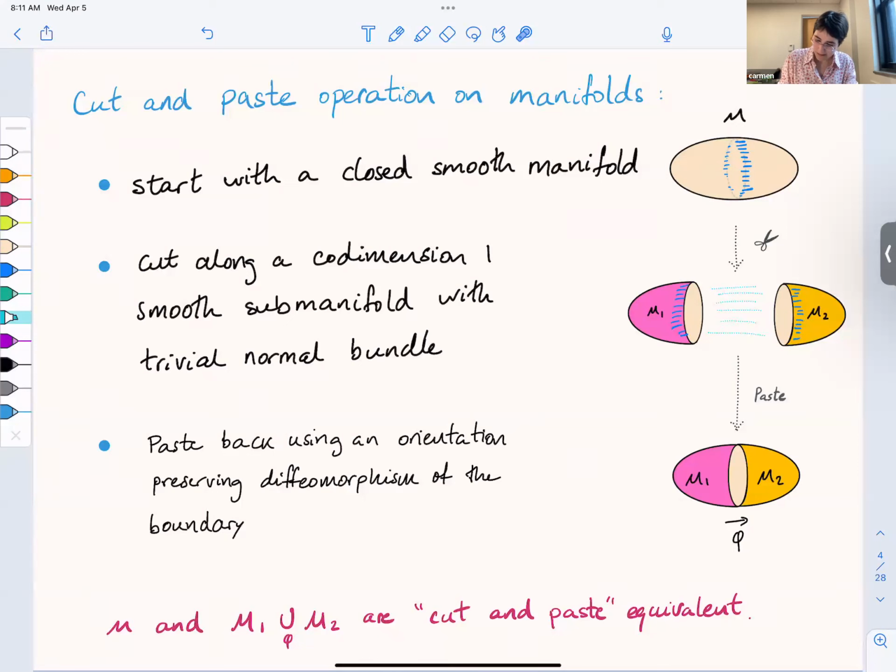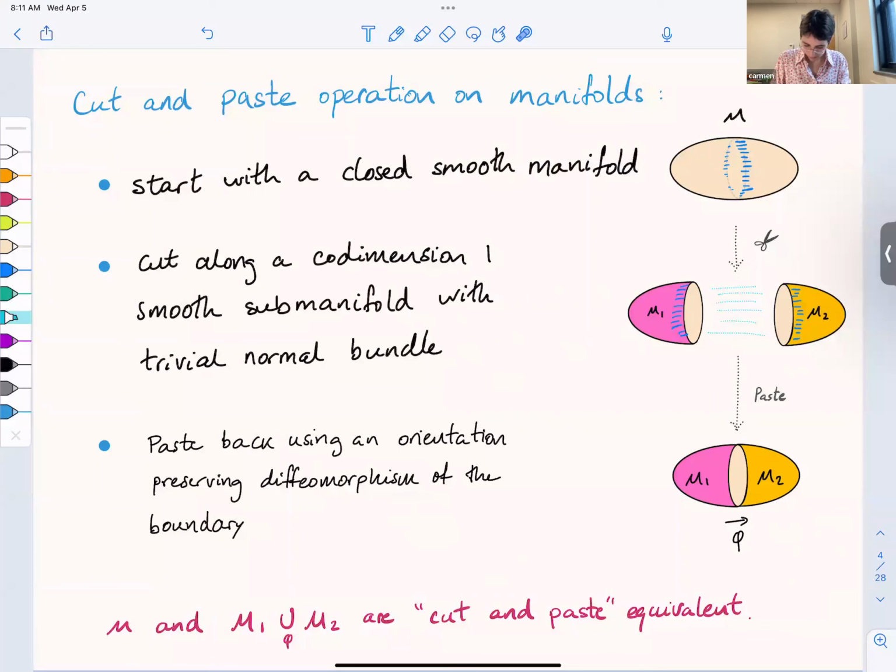So if they are diffeomorphic, I can choose some diffeomorphism and paste the 2 components back together via it. If I chose the identity, I would go back to the original manifold. But if I choose something else, then I'm getting a new manifold. In a second, we're going to see a slightly more explicit example than this sketch.